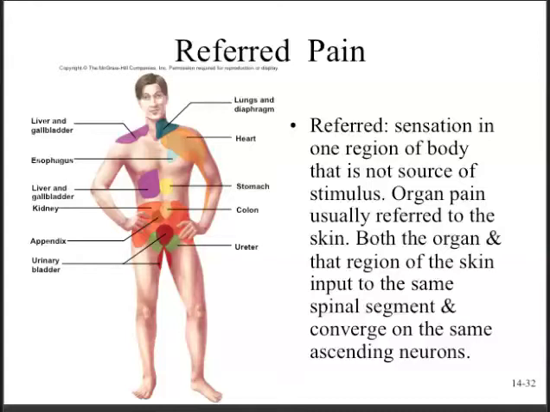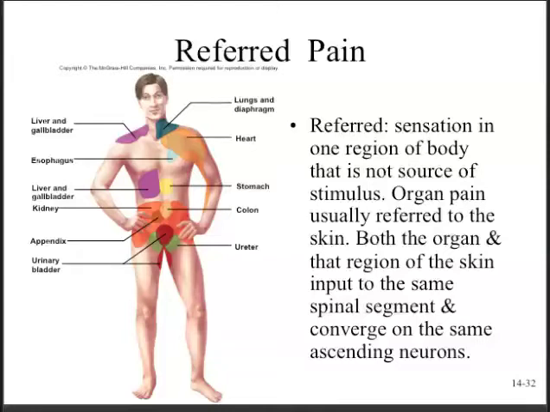The organ pain is usually referred to the skin, and both the organ and that region of the skin have the same input to the exact same spinal segment, and they converge on the same ascending neurons. And so what this does is it confuses the brain, and it interprets the information as coming from a region on the body's surface when in fact the pain is coming from an internal organ.